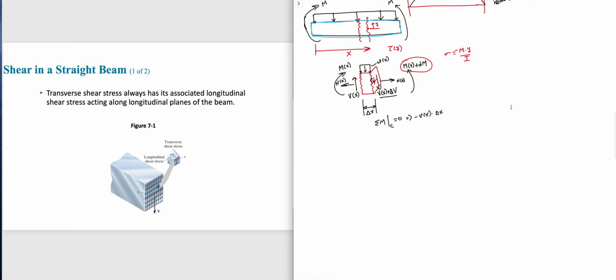Next, negative M of x. I'm talking about this one, negative M of x, because it's going clockwise with respect to C. Then what about this W of x? Can't we write a single equivalent load which is nothing but W of x times delta x?